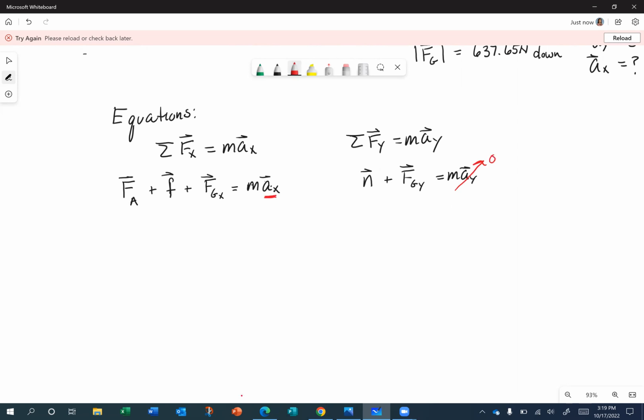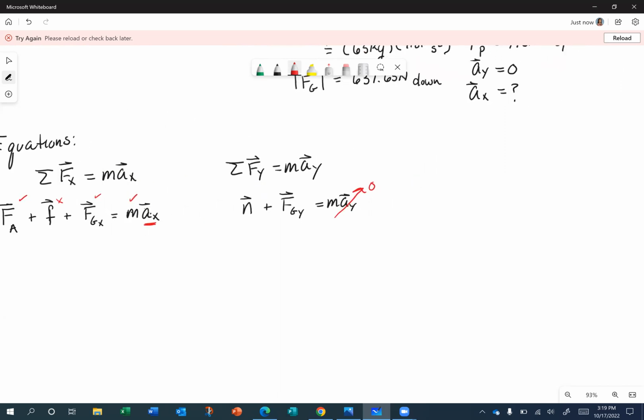We're solving for ax. We do know mass. We can solve for Fgx because we know theta. We don't know the force of friction. And we do know the applied force. So to solve for the force of x, we're also going to have to add to our list of unknowns: what is the force of friction?